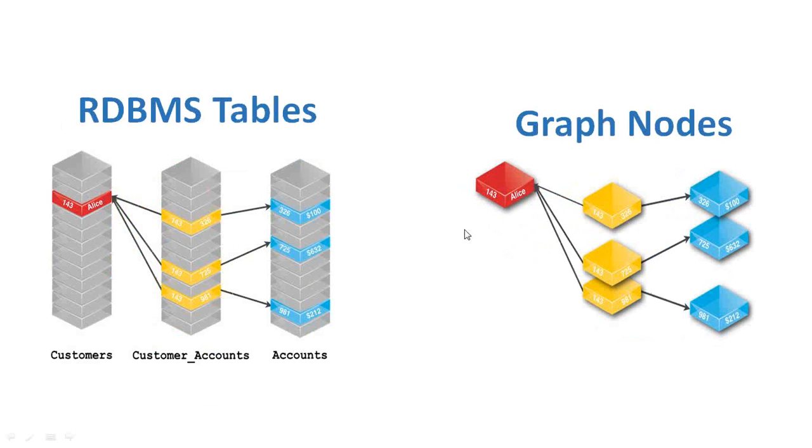Generally, why do we go for graph-oriented databases? If you have more connected data and want to perform more joins, then graph search is very fast, and traversing through a graph is very fast. That's why the graph-oriented database is very popular for connected data.